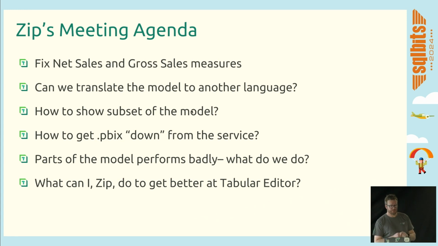We're going to spend some time on translations, and some time on perspectives, how to show a subset. We're going to spend a little bit of time on the new PBIP format and a workaround if you've ever tried to download a PBIX from the Power BI service and you get this error: report cannot be downloaded because it was edited by a third-party tool. We have a workaround for that now.